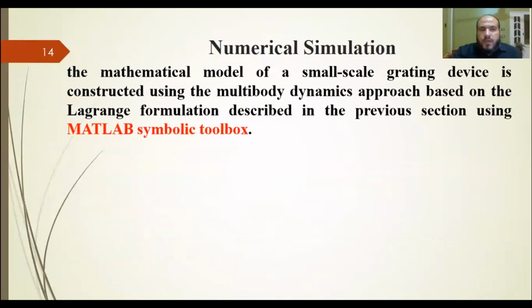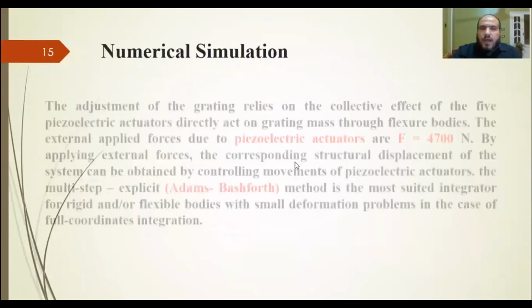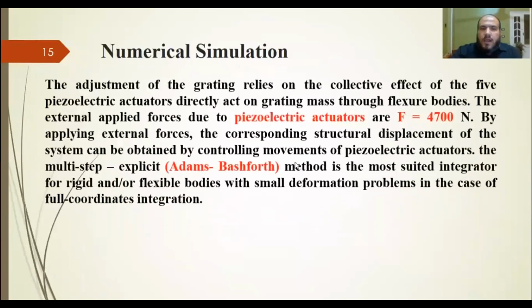Numerical simulation. The mathematical model of a small scale grating device is created, constructed using the multi-body approach with the MATLAB symbolic toolbox. The initial parameters, the masses and the inertia of the system, are defined in this table. The external applied force comes from the piezoelectric actuator.